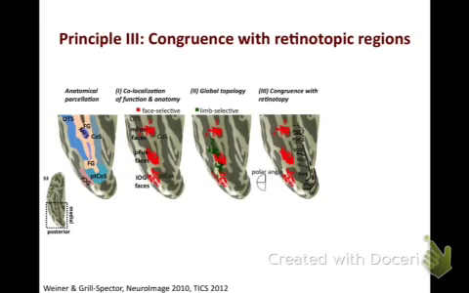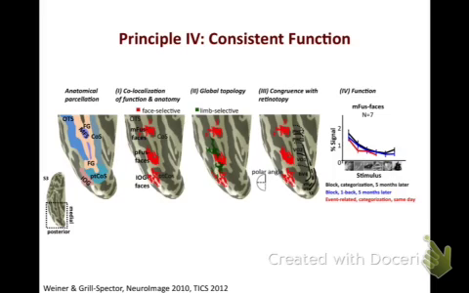So this global topology also extends to the relationship to retinotopic maps. And the fourth principle of the organization is that we want to mark regions only if their functional characteristics are stable across time and task. So in this example, we've measured the face selectivity in the same regions across 3 additional experiments, and 2 of them were done 5 months later. What we varied across experiments was the design as well as the task.